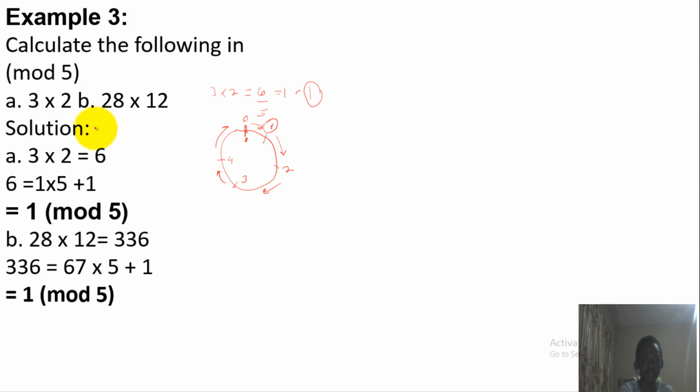Basically, that's what we've been doing. It's returning the remainder. Therefore, by the time you multiply, you have to divide by 5, and the remainder will be 1 mod 5. You get the same thing when you do your turning as well.